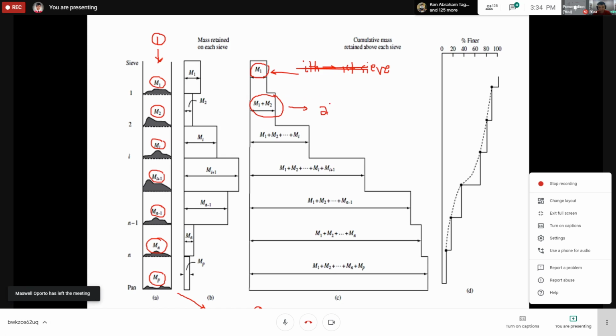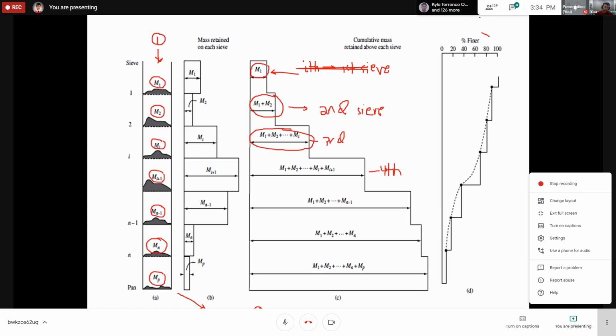On the second sieve, since you accumulate two, it is M1 plus M2, the cumulative mass on the second sieve. On the third sieve, since there are three, you add them, and the fourth, and so on and so forth until you reach the last sieve of your set of sieves.